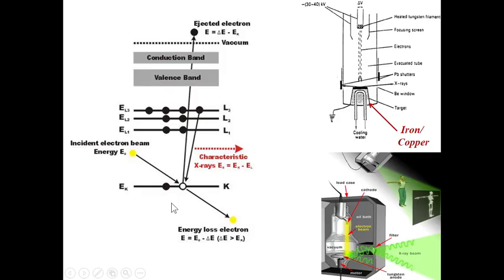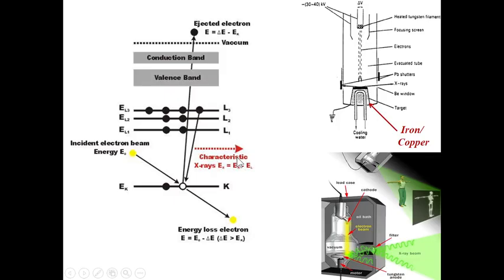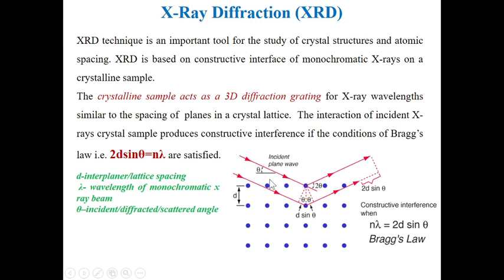The atomic dimension is around the angstrom level, and the X-ray is also between 1 nanometer to 0.1 nanometer, so the spacing is also more or less in the angstrom or nanometer range.